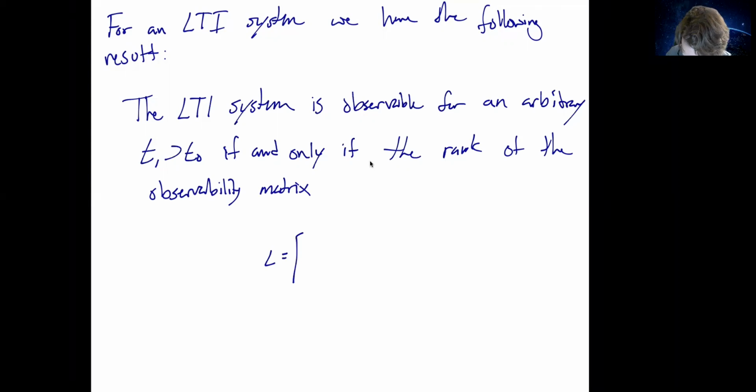This is a different form than the controllability matrix, but we have C, then C times A, then C times A squared, all the way down to C times A to the n minus 1.